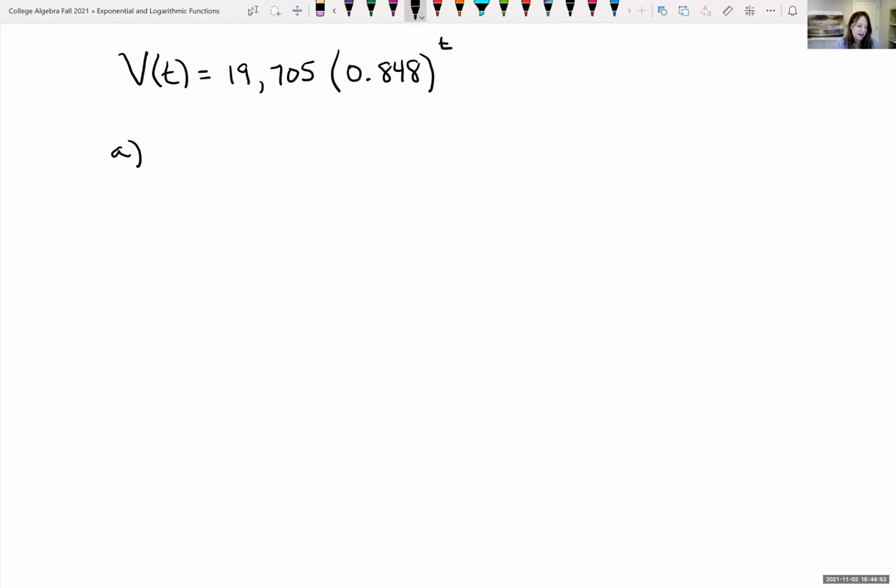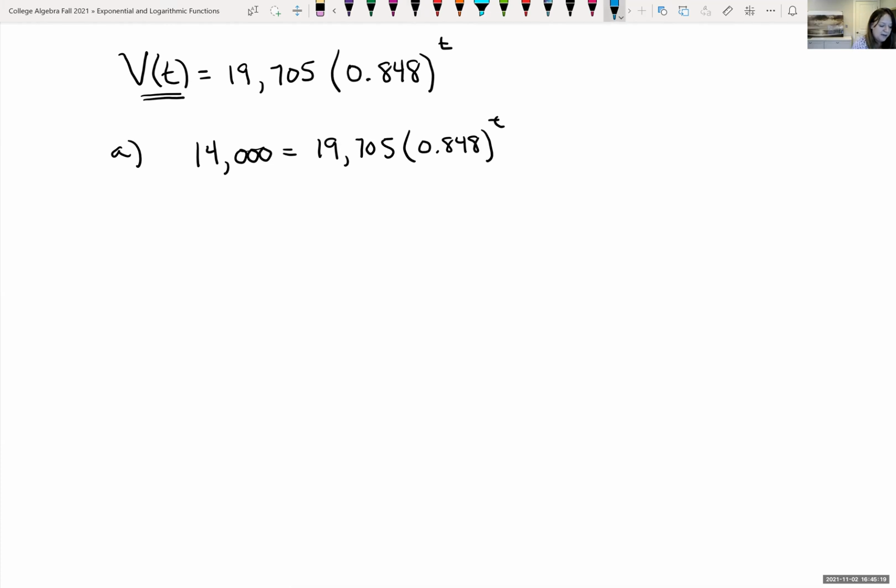So we're trying to figure out when the value is $14,000, and that's what V of T is. So we're going to have 14,000 is equal to 19,705 times 0.848 raised to the T power. Before we can take the log of both sides of the equation, we want to isolate this exponential piece.